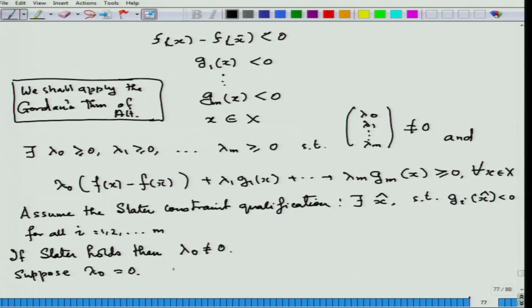This would imply there exists an x hat, element of X. Now, if I take, so this holds for every x, in particular for the x hat.